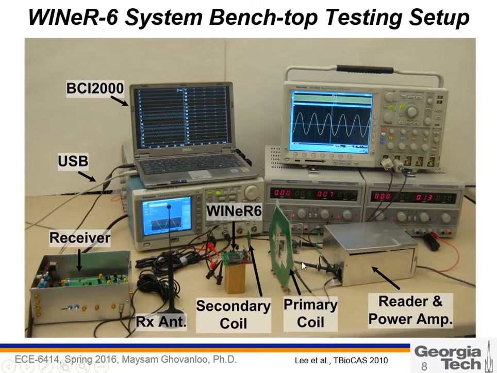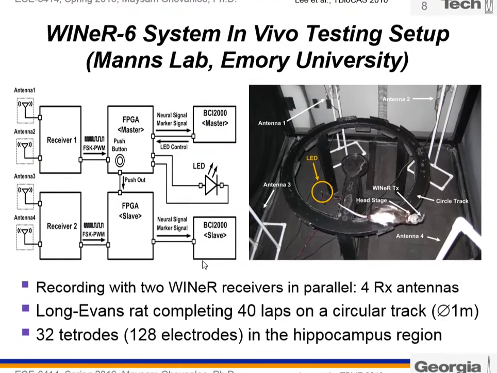In this particular test, we have generated the signal with a function generator. Only a sinusoid is being transmitted, and you can see that the data is received and delivered to this PC, and all 32 channels are working fine in this benchtop setup.